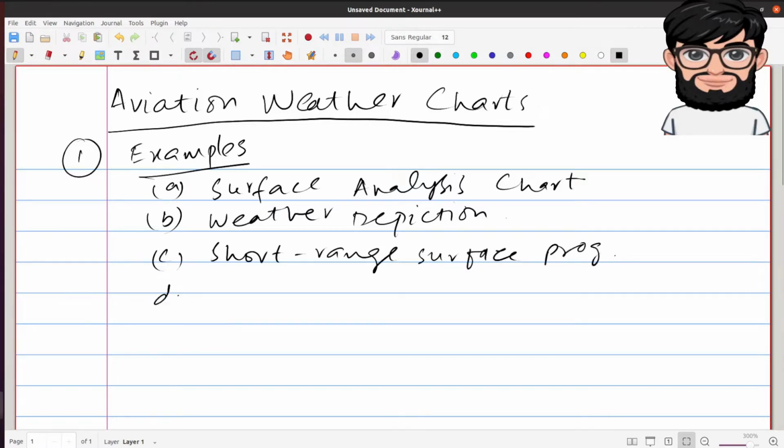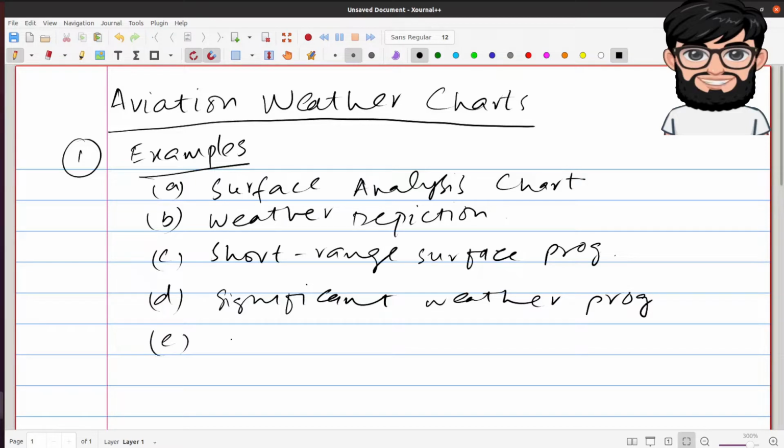Then we have the significant weather prognostic chart. Then we have convective outlook chart.